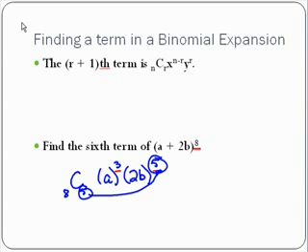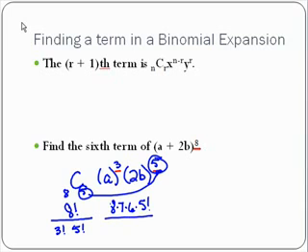So let's use that formula first of all. We have 8 factorial over (8 minus 5) factorial times 5 factorial. If we simplify that, 8 times 7 times 6 times 5 factorial. I look at my denominator and say I have a 3 and a 5, so I'll go until I get the largest of those.